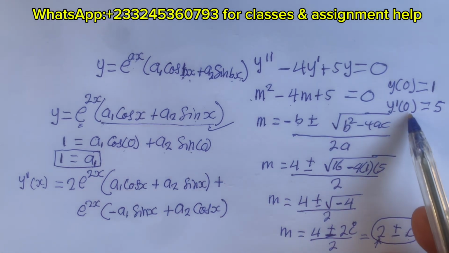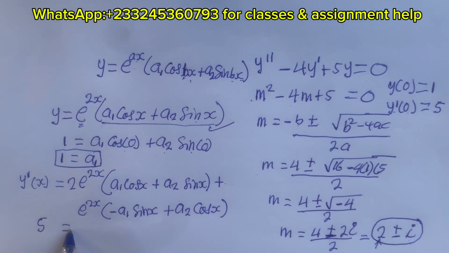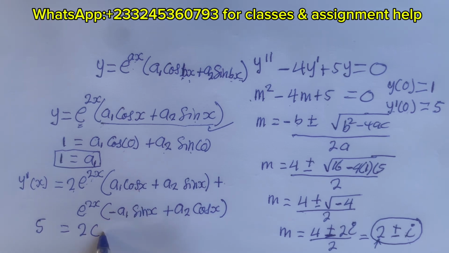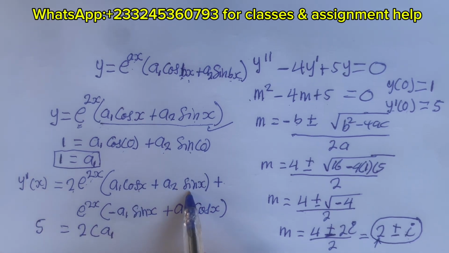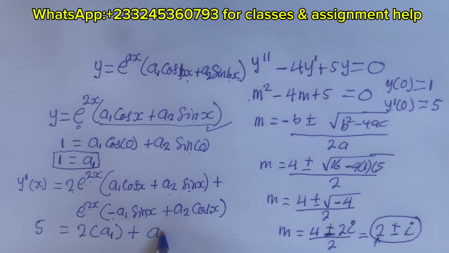So we can now impose the condition y prime of 0 is 5. So we get 5 equals, if I put 0 here, 2 times 0 is 0, e to the power 0 will be 1, times 2 is 2, into cosine of 0 is 1, so I'll get a1. Sine of 0 is 0, so a2 will go, plus here e to the power 0 is 1, and then sine of 0 will be 0, so this one also goes, and cosine of 0 is 1, so plus a2.